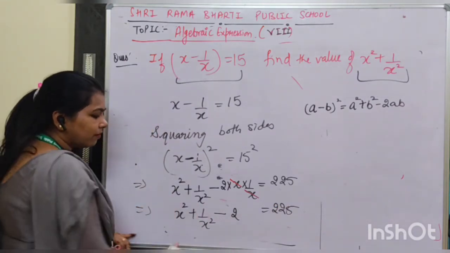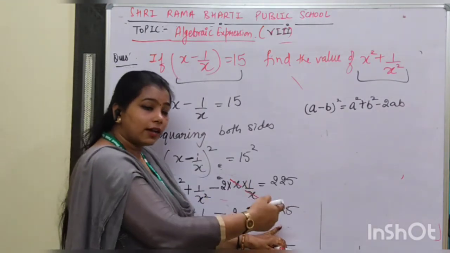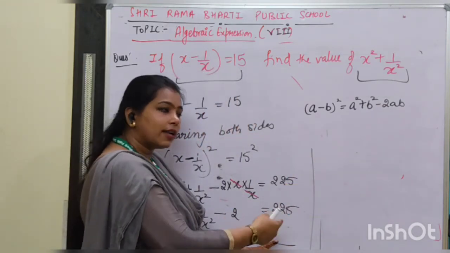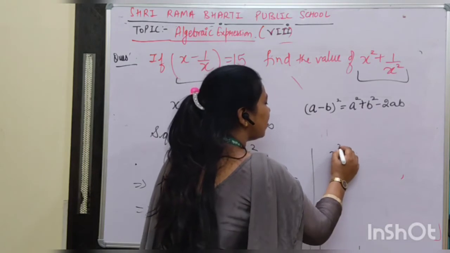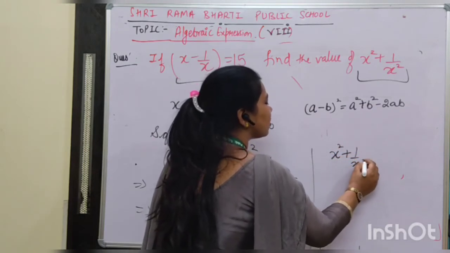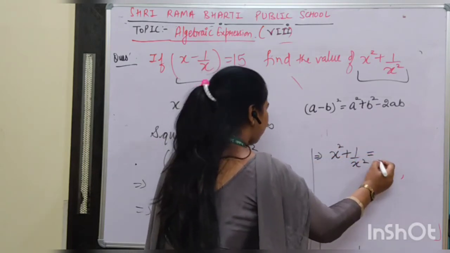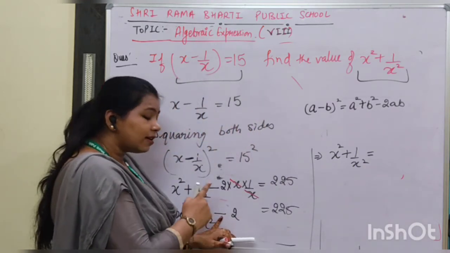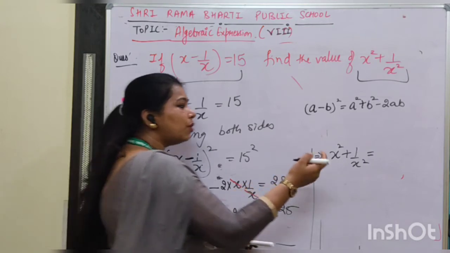So now we will transpose it to the RHS side. So we are left with x square plus 1 upon x square equals 225. It is minus 2 here, that will be converted into plus.